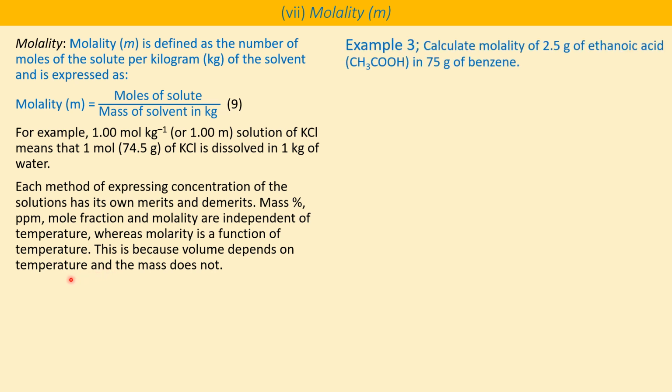So let us take one example. Calculate the molality of 2.5 grams of ethanoic acid CH3COOH in 75 grams of benzene. So let us solve it. Molar mass of C2H4O2 equals 2 into 12 plus 1 into 4 plus 16 into 2.